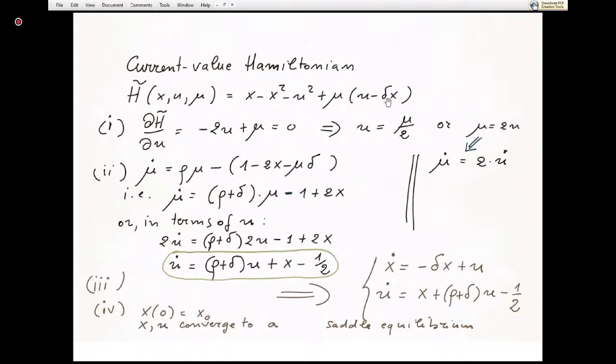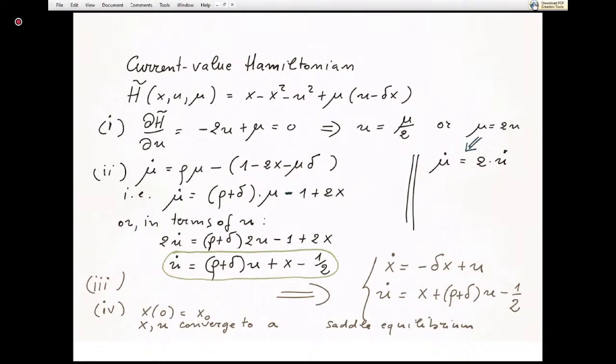Next, we apply simple conditions that are called the Pontryagin maximum principle. They are the necessary conditions for a maximum to this problem. The first condition is that the Hamiltonian, which depends on t, at each point in time is maximized with respect to our control variable.